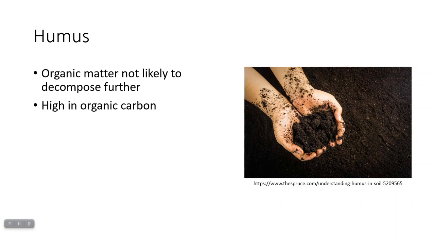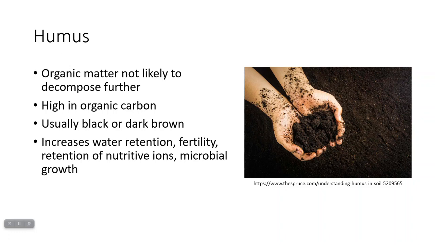It tends to be high in organic carbon. It's usually black or dark brown, so soil that is rich and fertile, which tends to have a higher humus content, will tend to be black or dark brown. You might hear people talking about rich black earth. That's what they mean. It increases all these properties that are good for when you're trying to grow crops or have plants grow in an area.